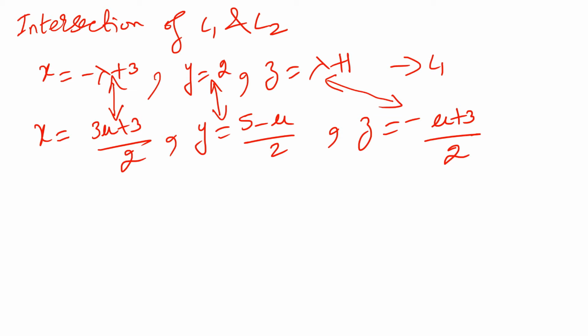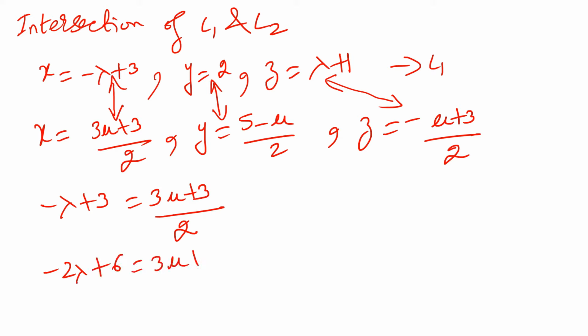Now what I do, I just put minus lambda plus 3 equal to (3 mu plus 3)/2. And from here I get the equation as minus 2 lambda plus 6 equal to 3 mu plus 3, right? And from here finally we get minus 2 lambda is equal to 3 mu minus 3.